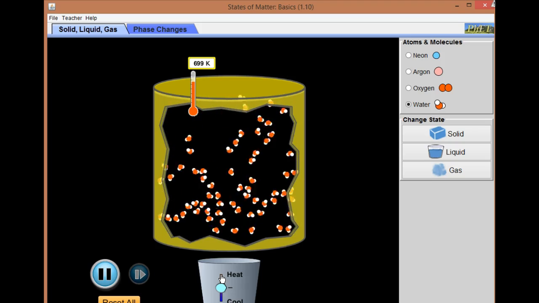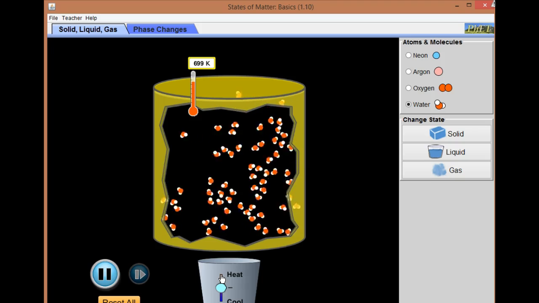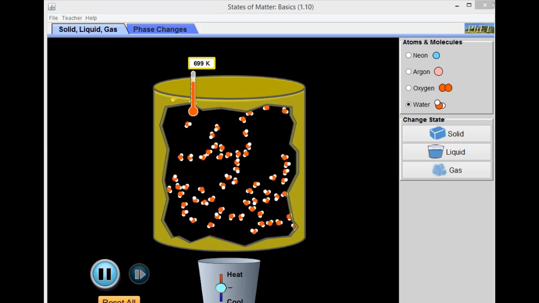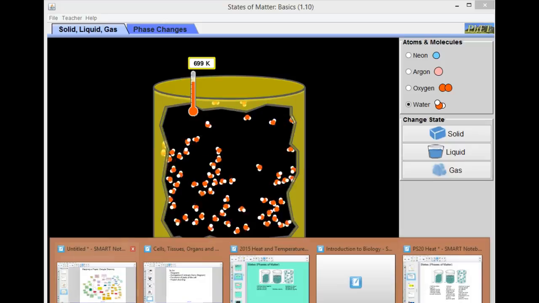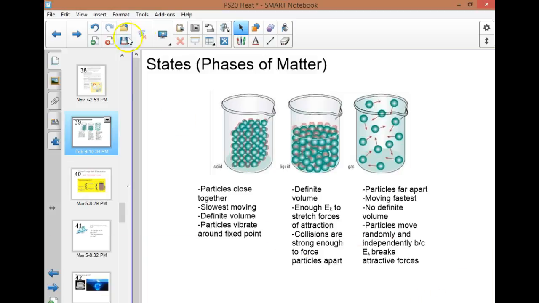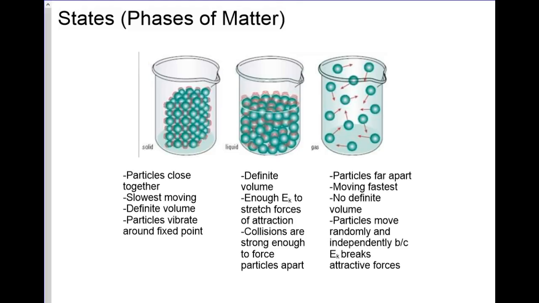Because of that movement, we see interesting things happen to the properties of solids, liquids, and gases. If things are only vibrating, and they're not rotating or traveling in straight lines, that means we're going to be able to pack more of those particles closer together.